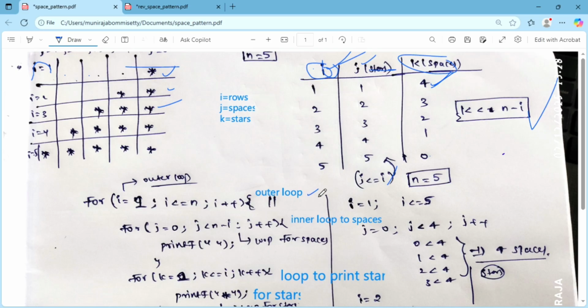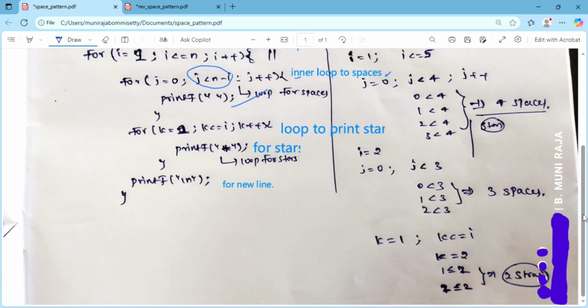Suppose the user enters total number of rows as 5, n equals 5, then the i value starts from 1. i is less than or equal to n. It means that 1 is less than or equal to 5. Condition is true. Then after execution of the outer loop, it goes into the inner loop to print the spaces, where j starts from 0, j less than 4.